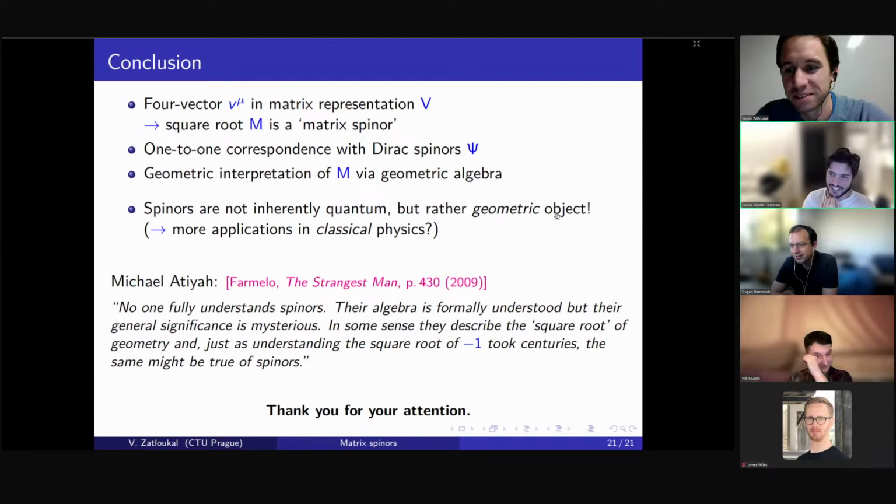So I love the spirit of the content of your talk, this idea that spinors are not inherently quantum, that we should be thinking of geometry.